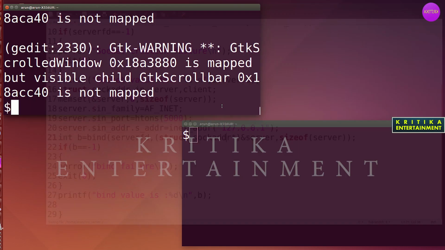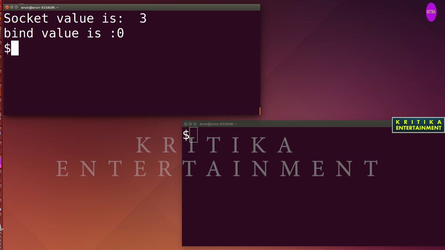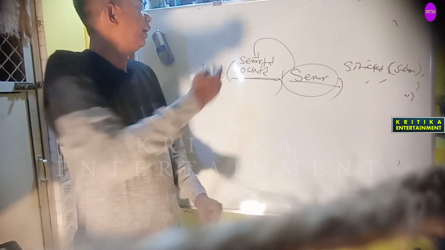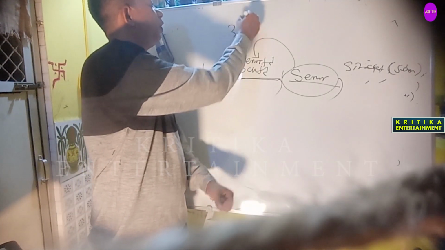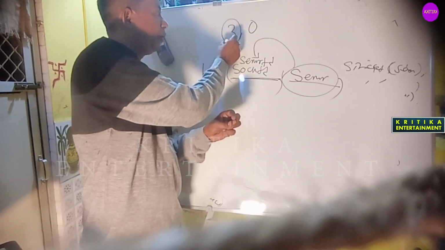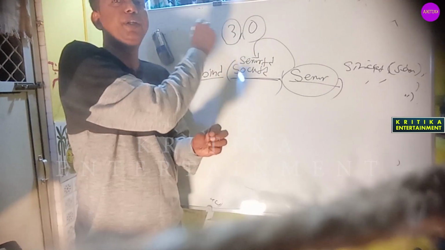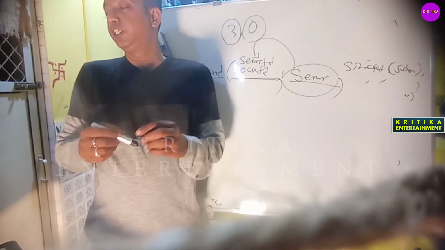Then I check the bind value, which is 0. That means if you find 3 and 0, your 3 is the socket value displayed correctly, and 0 means successful binding. If it is -1, that means error.